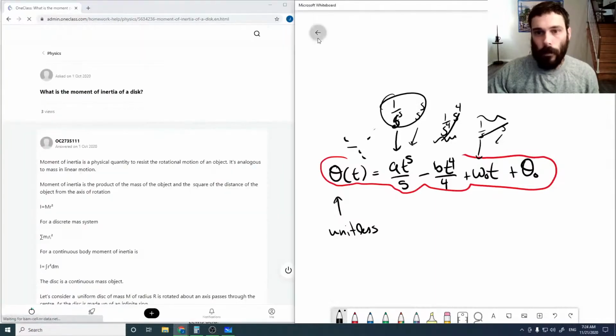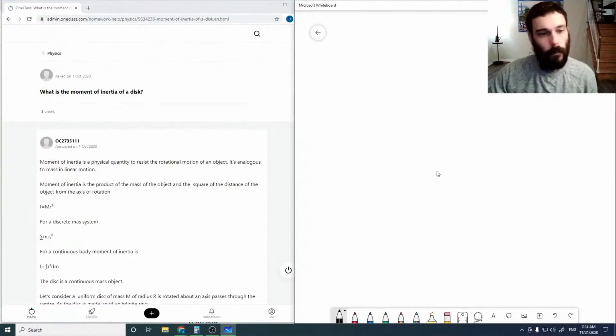Okay, and now, what is the moment of inertia of a disk? Moment of inertia depends on how you define your moment.